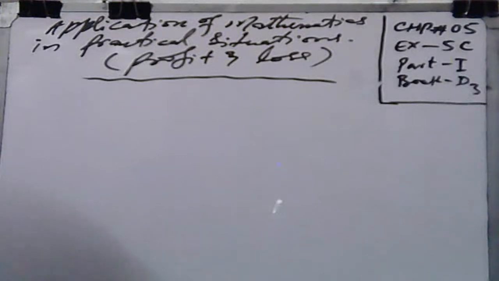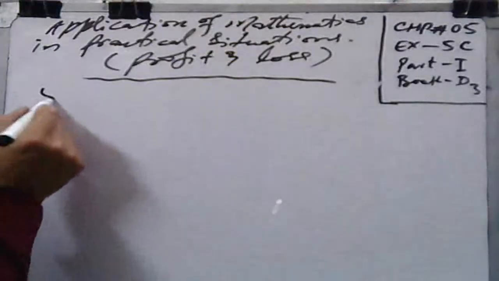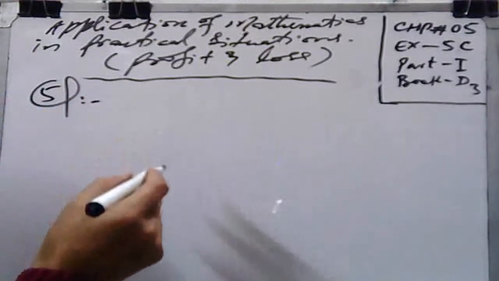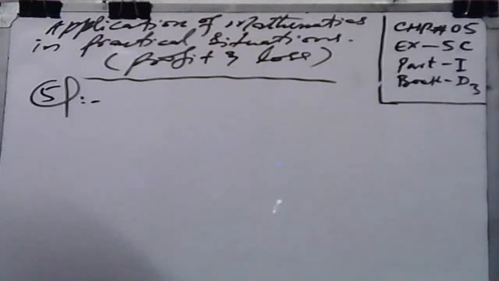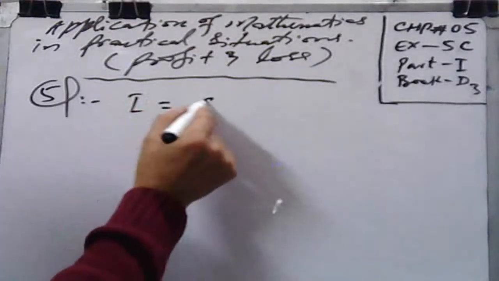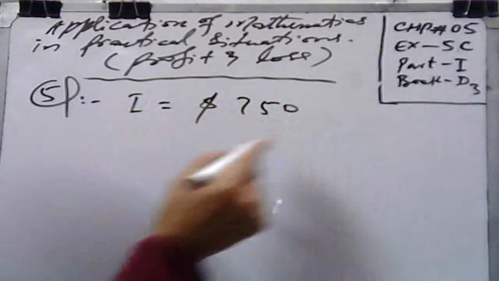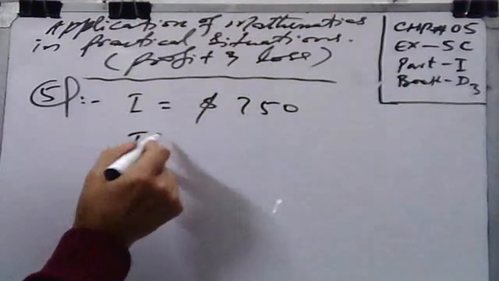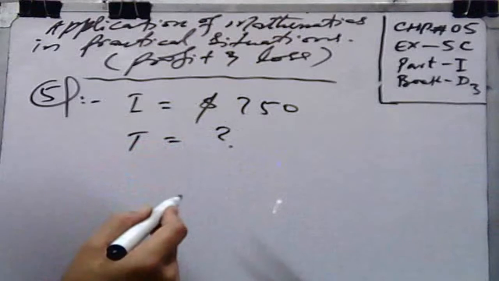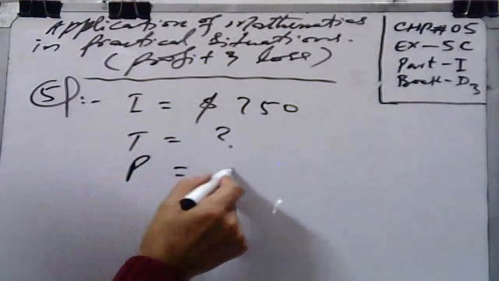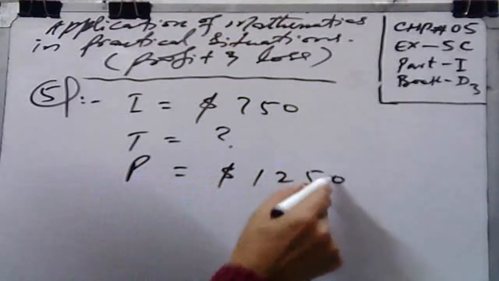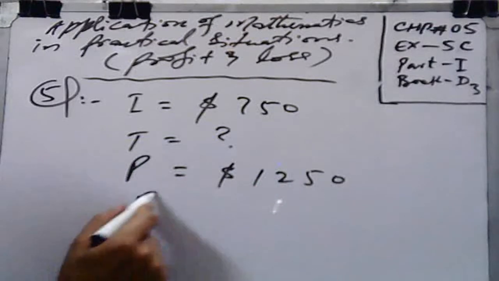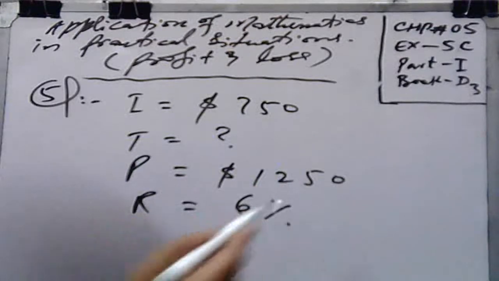So the simple interest is given to you, that is $750, and we have to find how much time. The principal amount is $1,250 and your rate of interest is 6%.